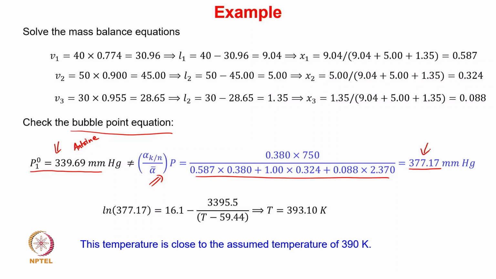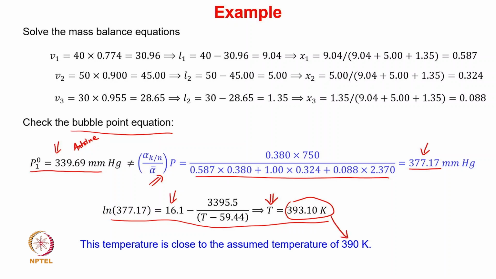Now with respect to this vapor pressure, we can again go back to the Antoine equation. This is the Antoine equation for component 1, and for this component 1 we can back calculate the temperature. This back calculated temperature comes out to be 393.10 Kelvin, which is very close to the assumed value of 390.